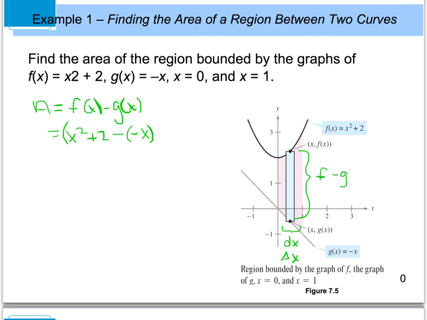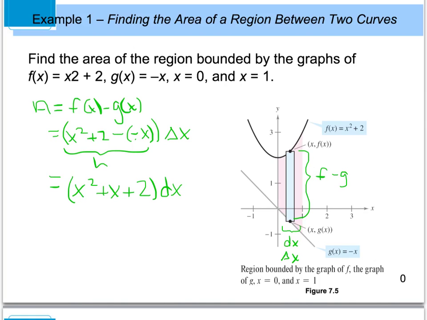And this is all going to be multiplied, because remember this right here is really the height, I'm going to multiply all of this by my delta x, or my width. So if I simplify, I end up with x squared. Now this minus a negative x is really going to become plus x, and I still have plus 2 times the change in x, which is dx.